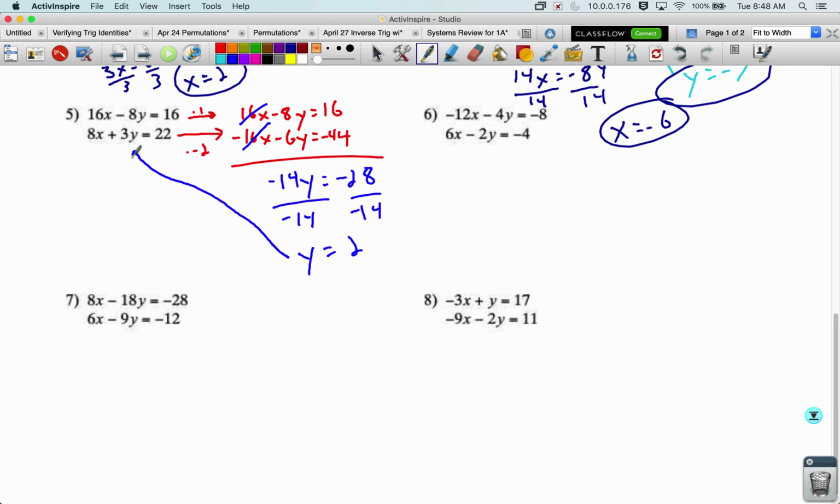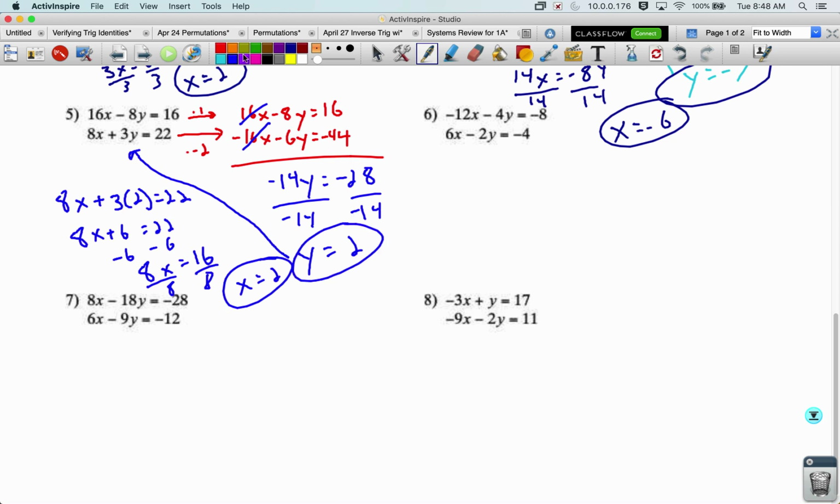Plug it back in. 8x plus 3 times 2 equals 22. 8x plus 6 equals 22. Take away that 6, we get 8x equals 16. Divide by 8, divide by 8. X equals 2. All right, let's actually practice the double check with this one.